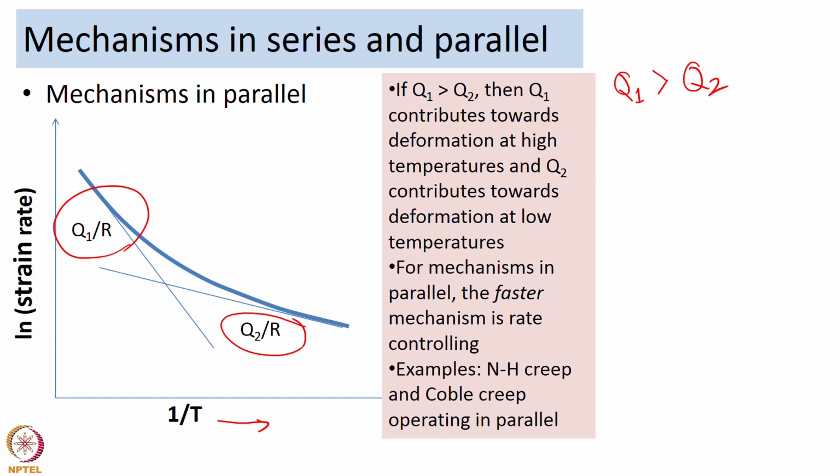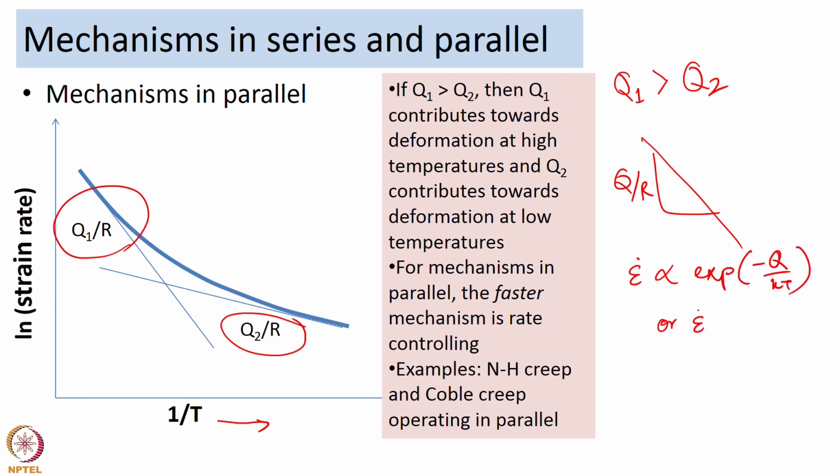If you notice, I have mentioned the slope of the lines as Q over R and not just Q. That is because strain rate is proportional to exponential of minus Q over kT, which can also be written as strain rate proportional to exponential of minus Q over RT, since k is R over N, where N is Avogadro's constant.